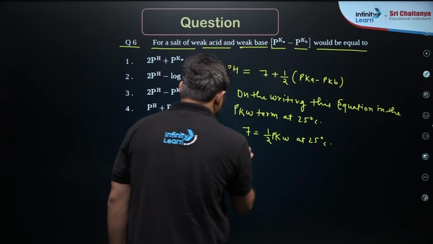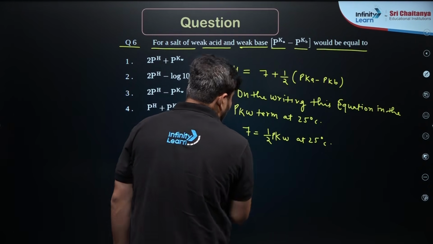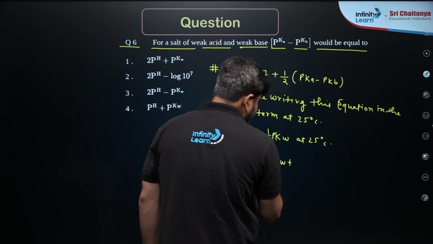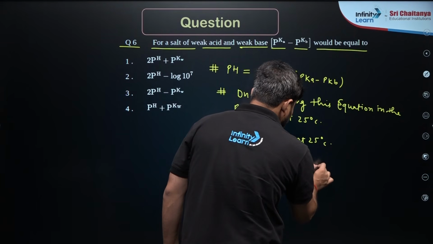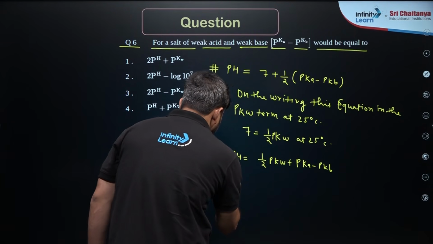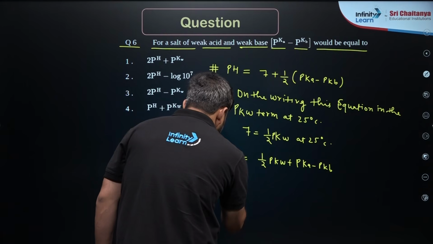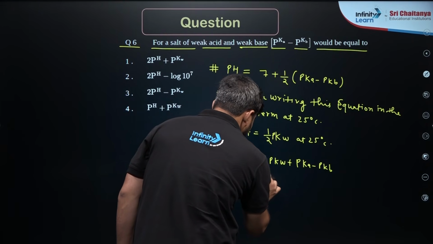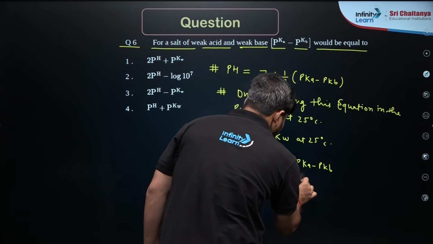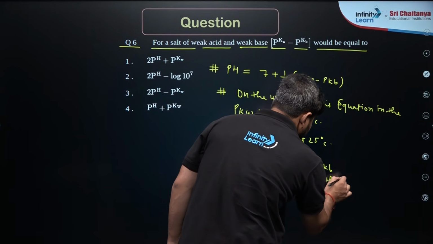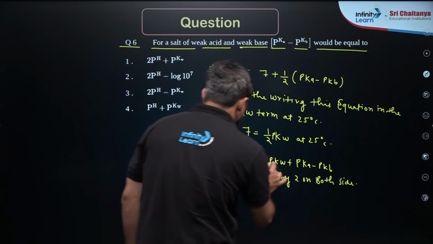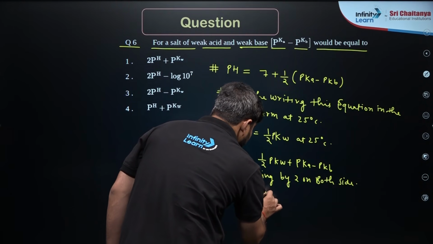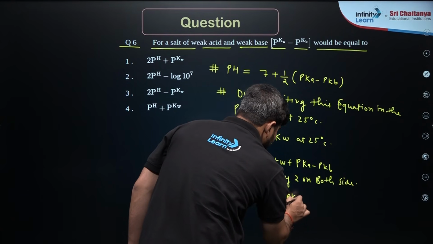If we convert here, pH equals 1 by 2 pKw plus 1 by 2 (pKa minus pKb). Now multiplying by 2 on both sides, 2 pH equals pKw plus pKa minus pKb.